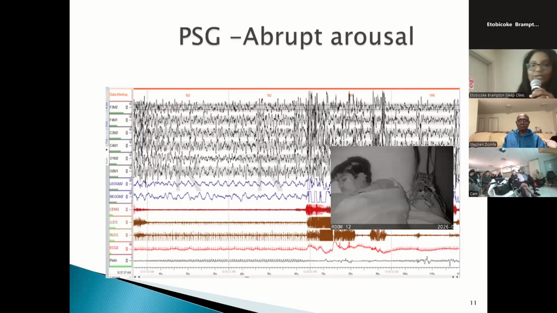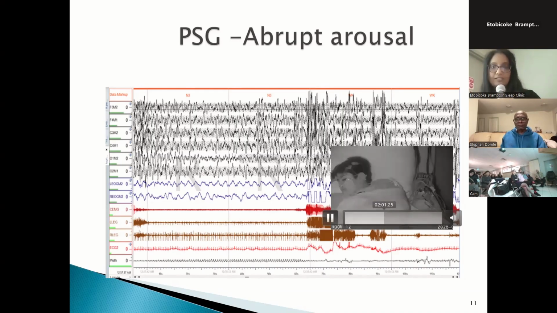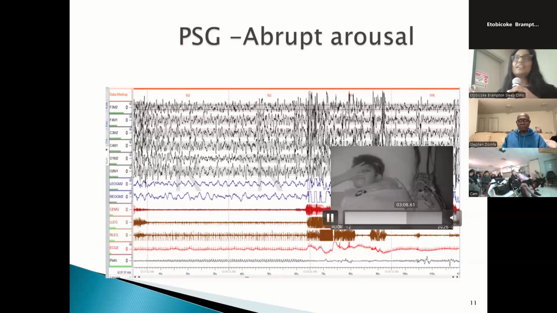So here is one of the videos that I got from our study. Try to play that. The kid is sleeping nicely. You can see in the PSG study, the EEG shows very delta wave sleep. It's sleeping. Then sudden abrupt arousal and then wake.